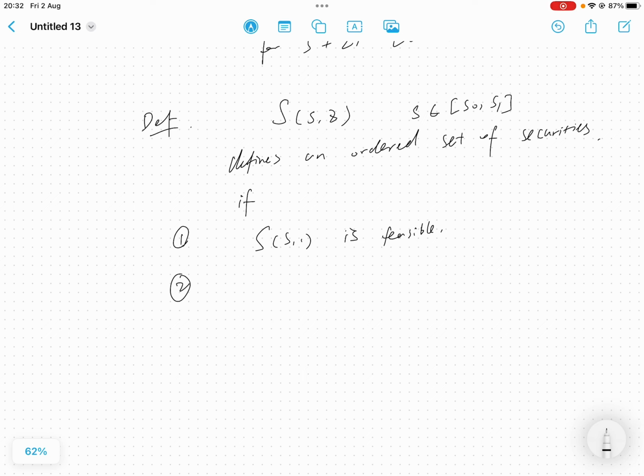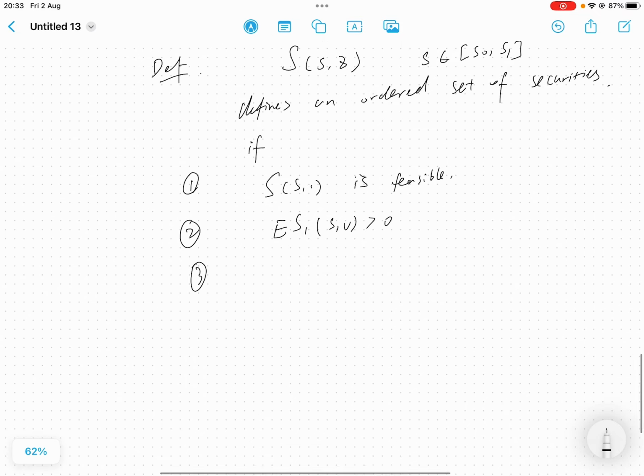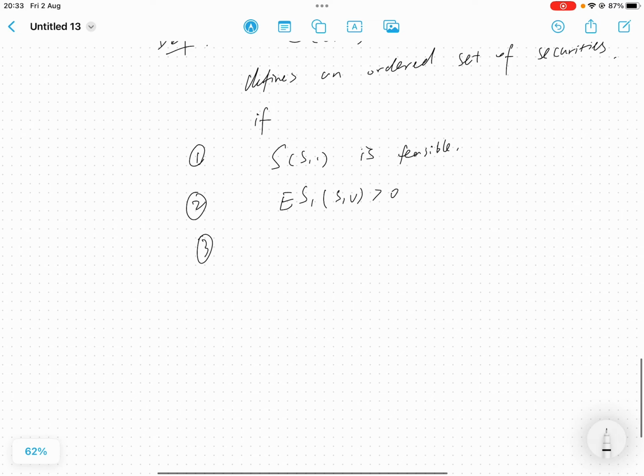And secondly, the derivative of E_S with respect to S has to be positive, and this makes sense. Also it has some requirements at those two extremes.